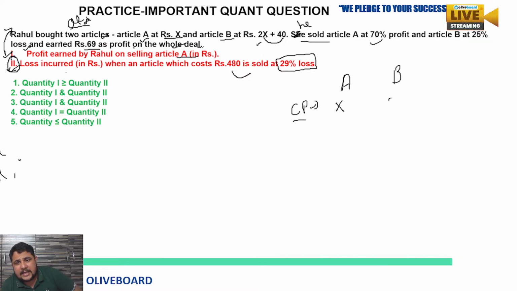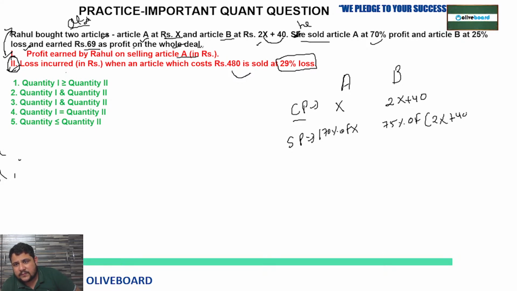And article B at 2x plus 40. He sold article A at, okay, selling price now, 170% profit, means 170% of X. And article B at 25% loss, means 75% of 2x plus 40, or 3/4.